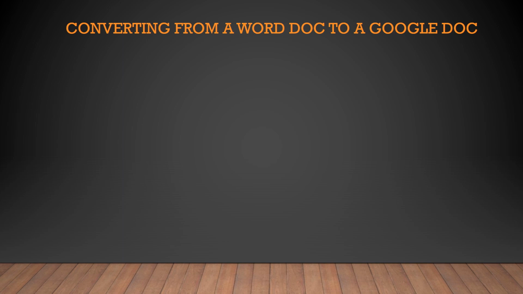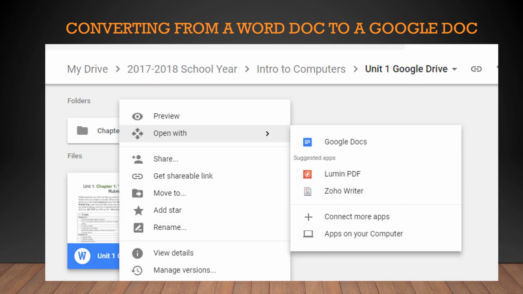Now it's time to learn how to convert from a Word document to a Google Drive doc. When I uploaded my folder, we noted that this was a Word document with a file name called Unit 1, Chapter 1. We now need to convert this Word document to a Google Docs.